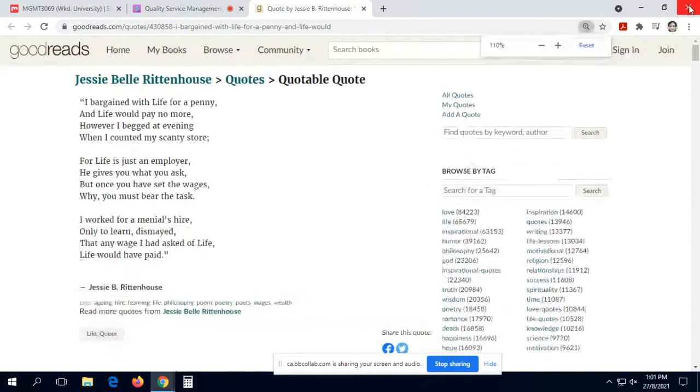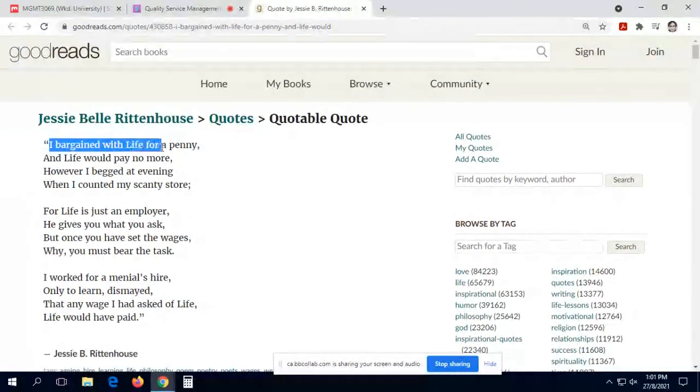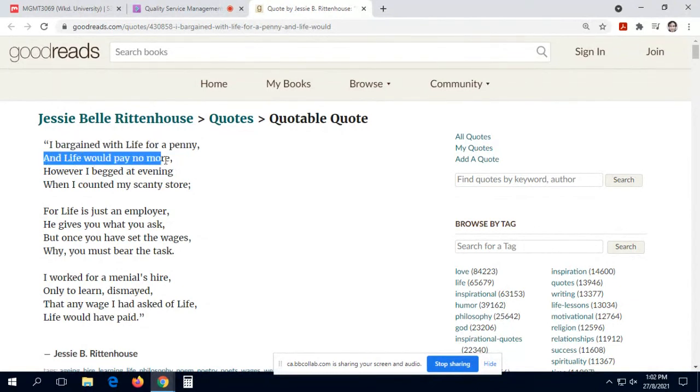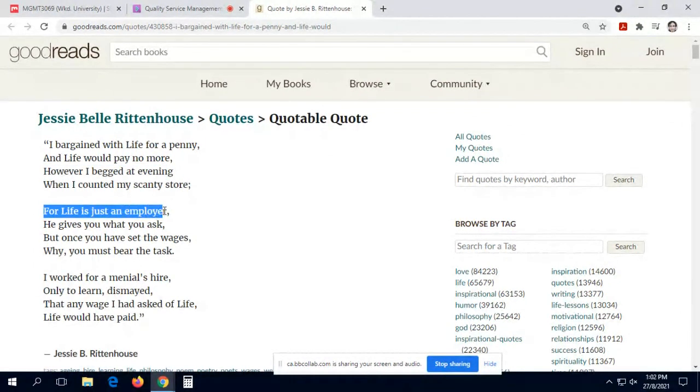What is it saying? I bargained with life for a penny, just a penny. I wanted a penny from life, and life would pay no more. However, I begged at evening when I counted my scanty store. For life is just an employer. He gives you what you ask.